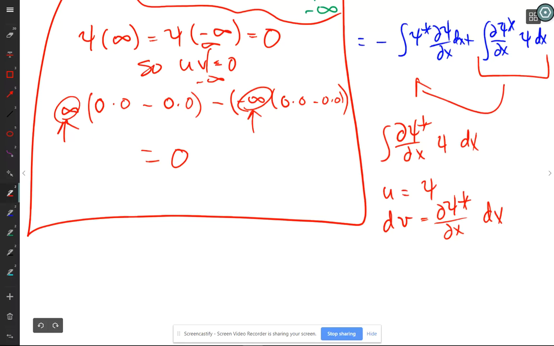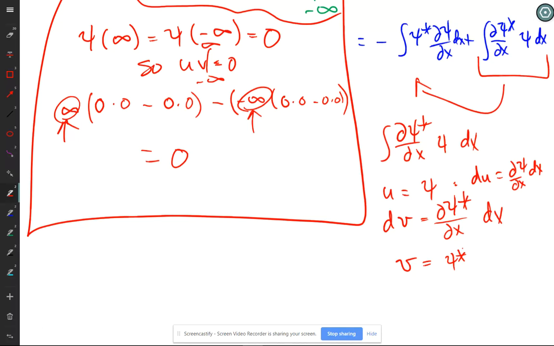And you can see the similarity already. Since u is psi, du is going to be d psi dx dx. And just as we saw before, since dv is d psi star dx dx, then when we integrate that, v is psi star.